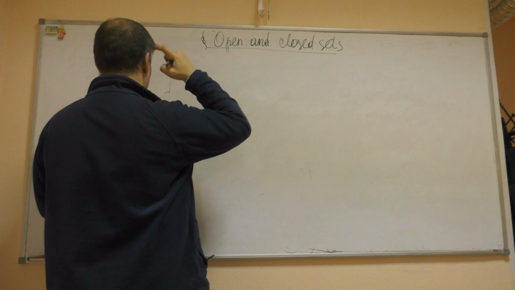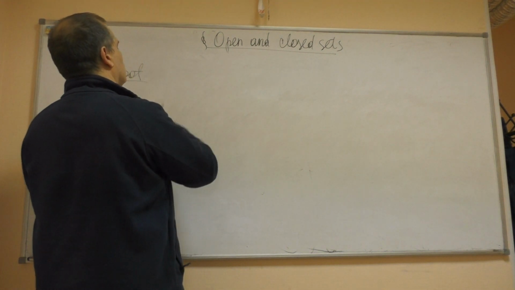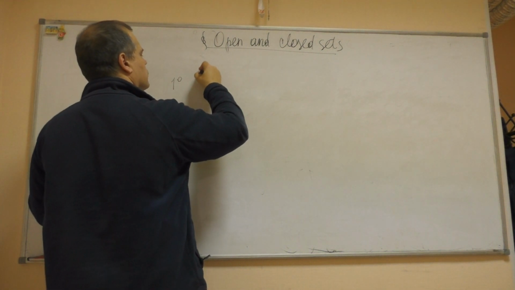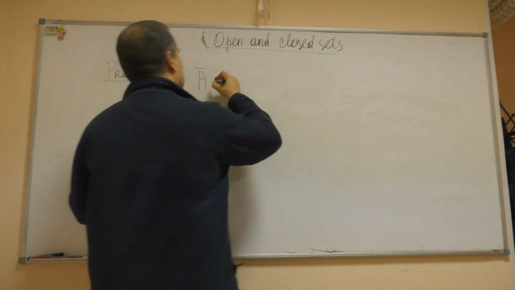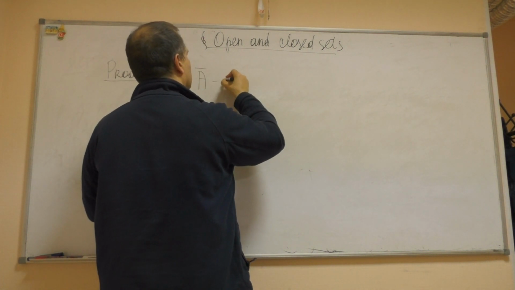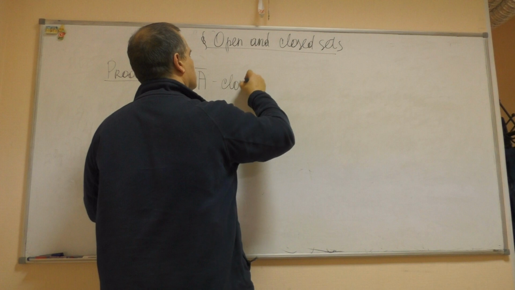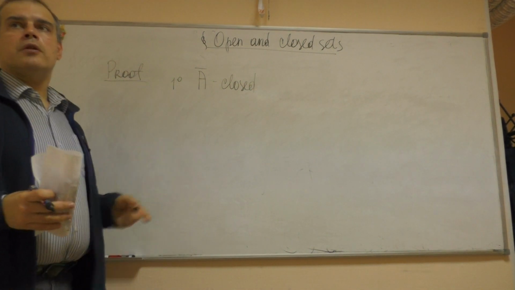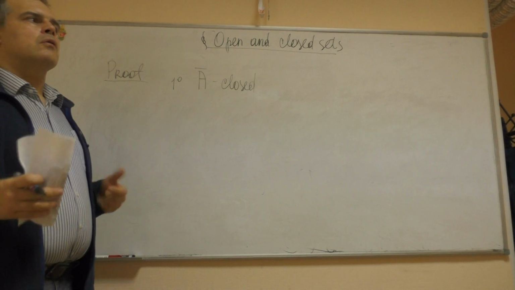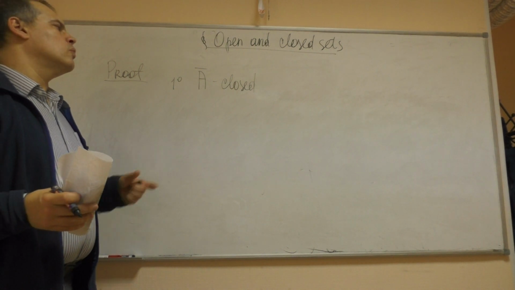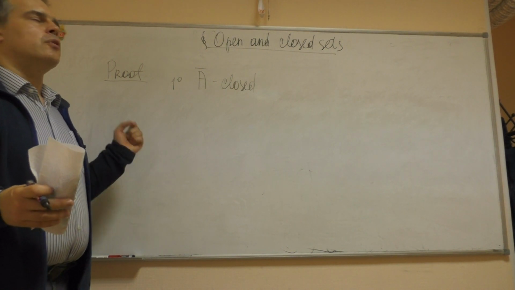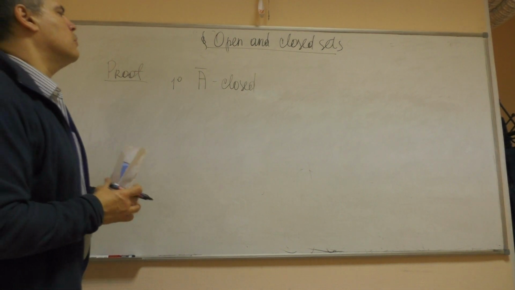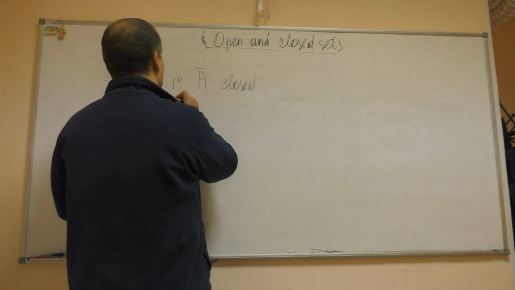First, we have to prove that closure of A is closed. We know that a set is closed if and only if it contains all limit points.